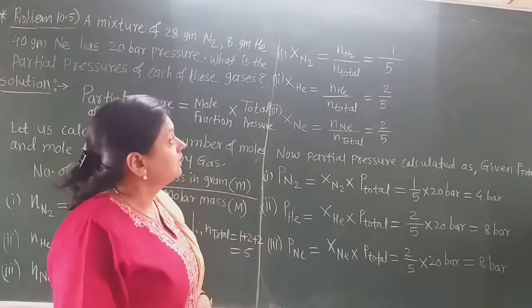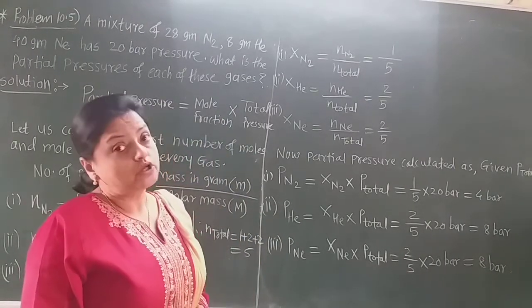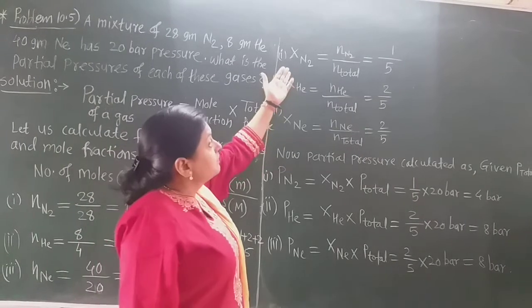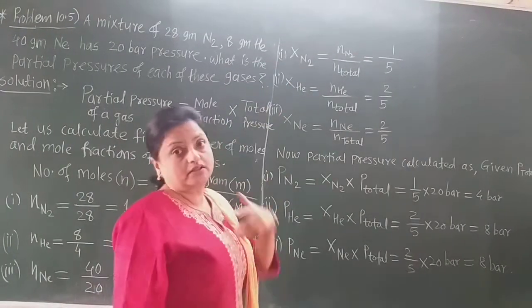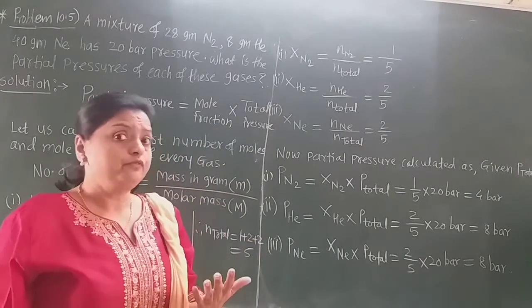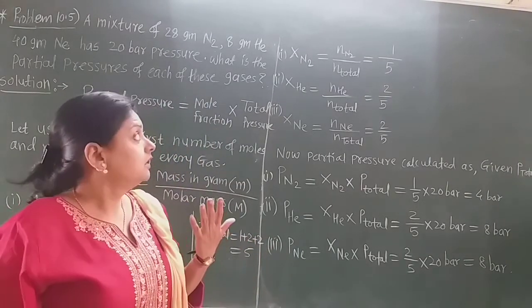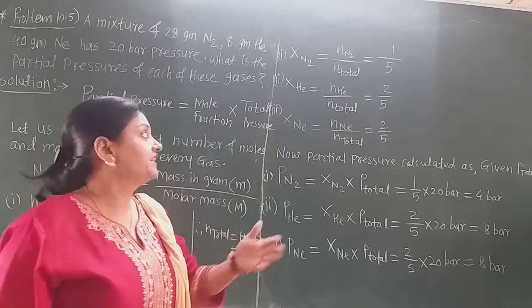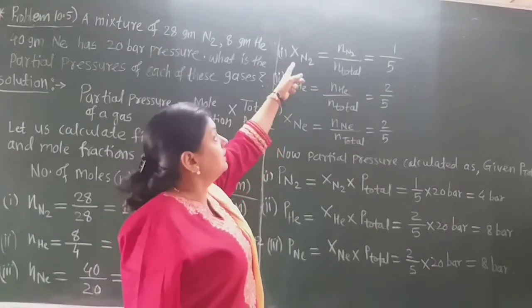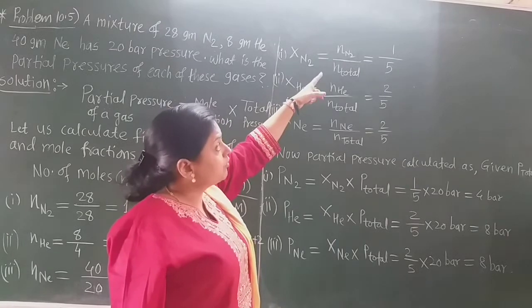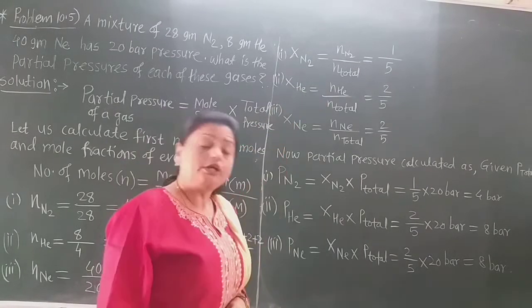Now see here, I calculate the mole fraction of all these three gases. First is the mole fraction of nitrogen, X N2. X is the letter which is used for the representation of mole fraction. So X N2 is equal to the number of moles of nitrogen divided by the total number of moles.